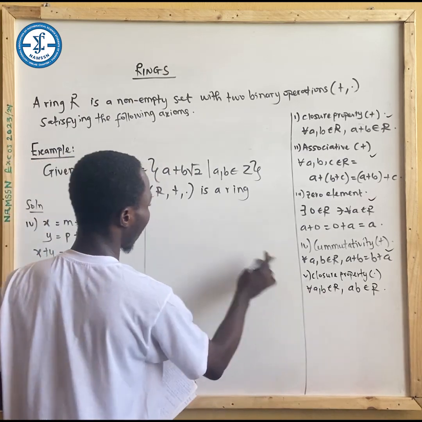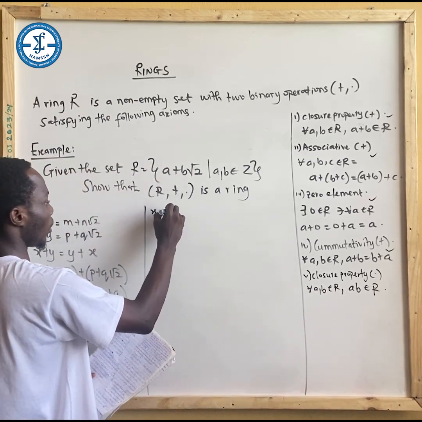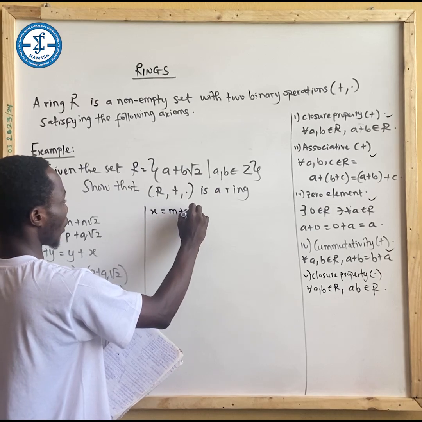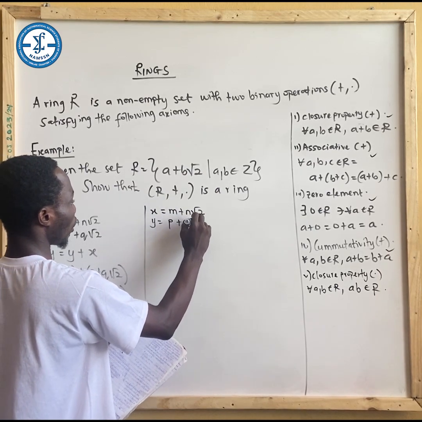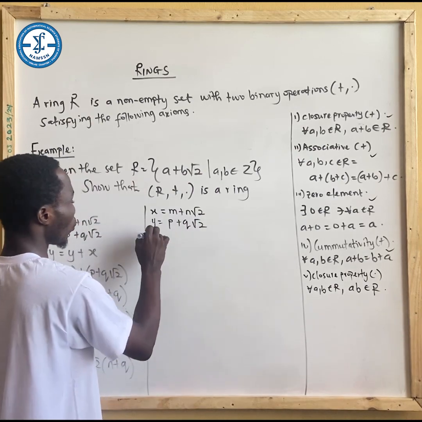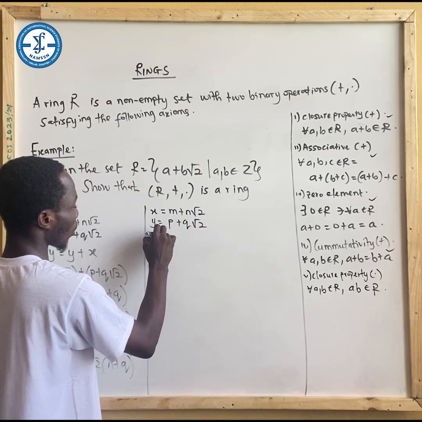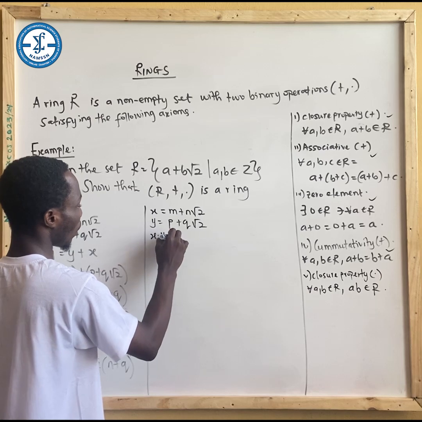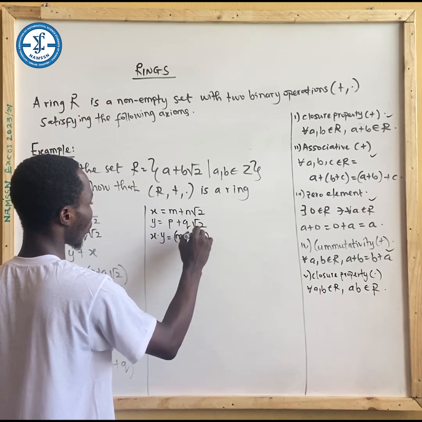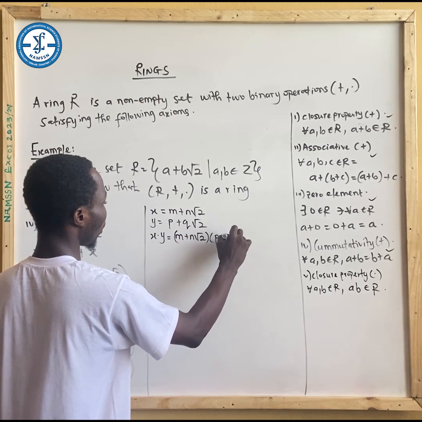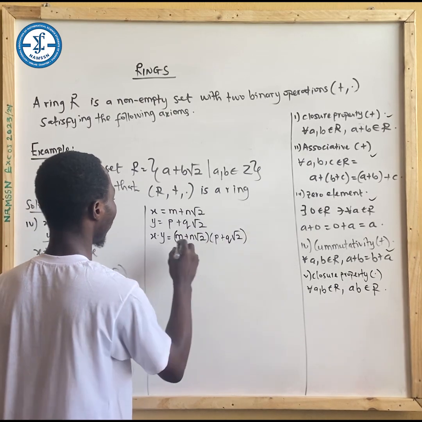So closure property, my x is m plus n root 2. My y is p plus q root 2. So x dot y will be m plus n root 2 multiplying what? p plus q root 2.